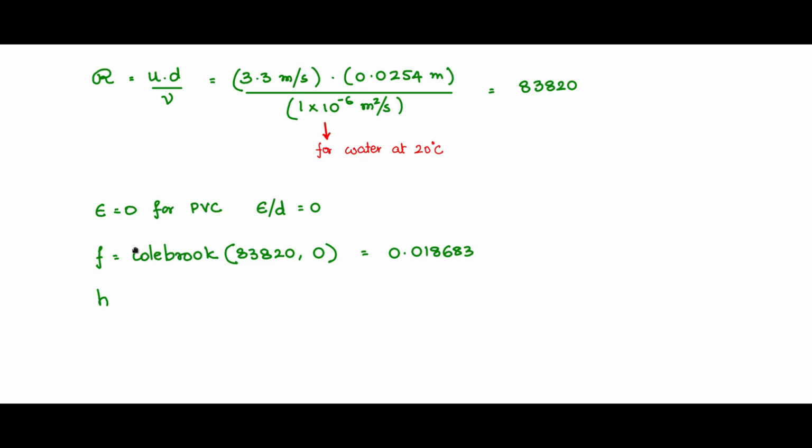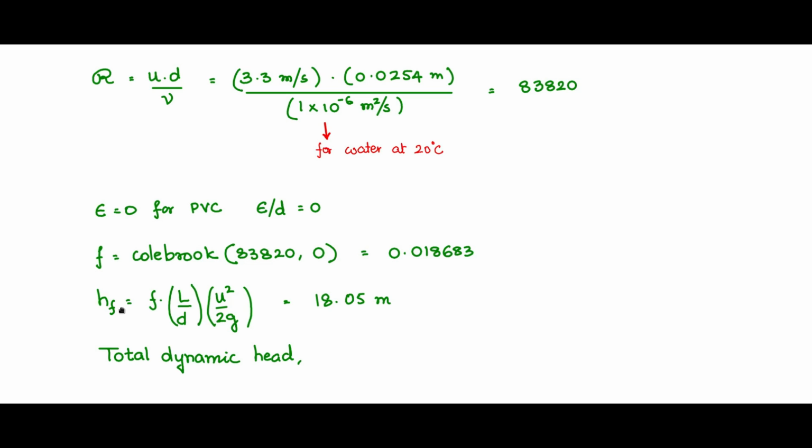Now using that friction factor, we have to calculate the head loss due to friction, and for that we will use the Darcy-Weisbach formula. F into L by diameter, inner diameter, U square by 2G. If you substitute the values, you will get 18.05 meter. Now what is the total dynamic head, H?